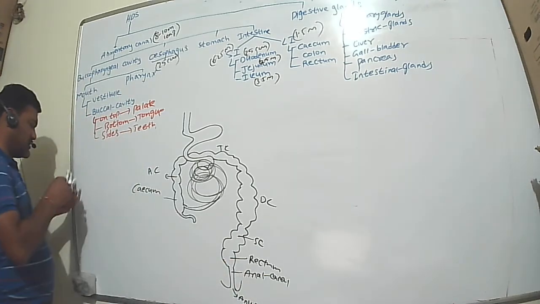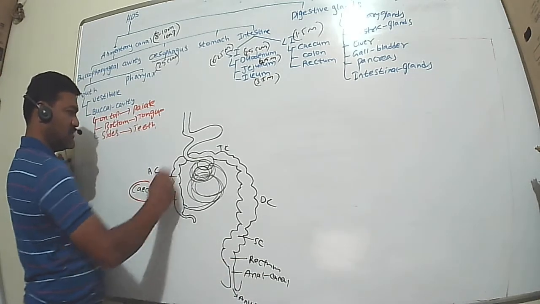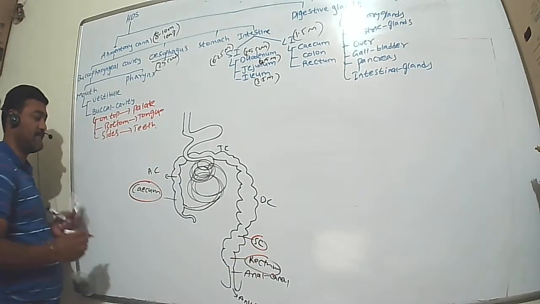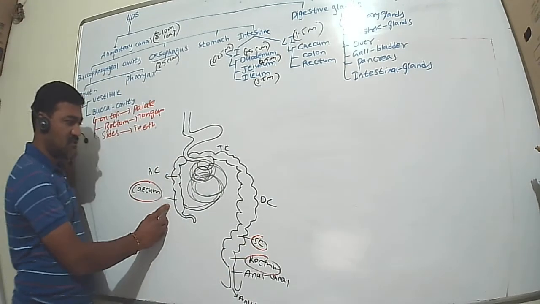So here you can see the three parts: cecum, the colon, and the rectum. First coming to the cecum, the starting part of the large intestine.